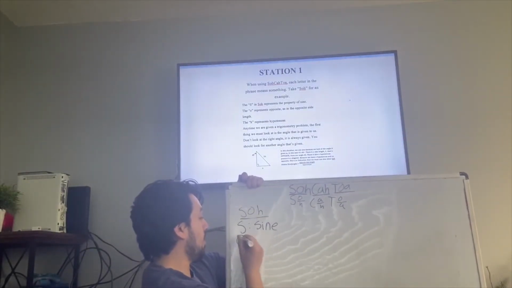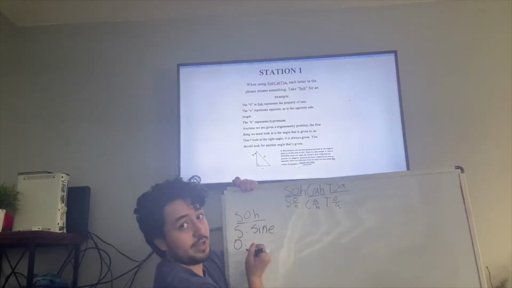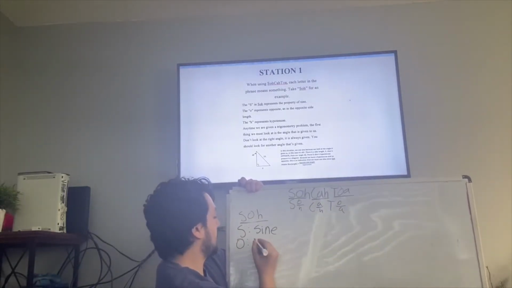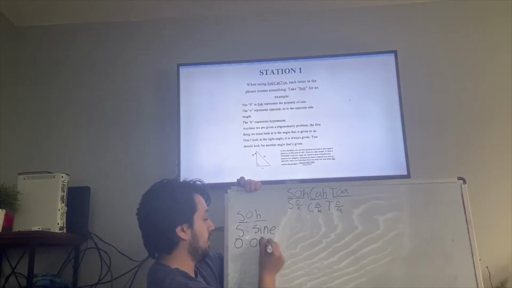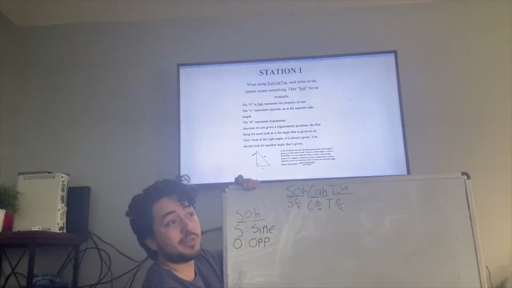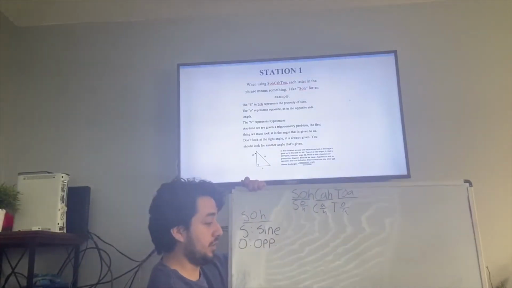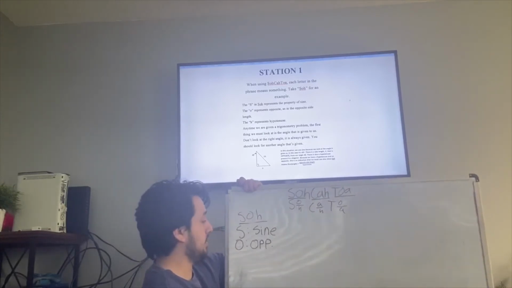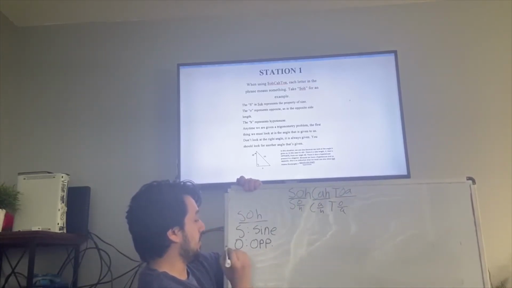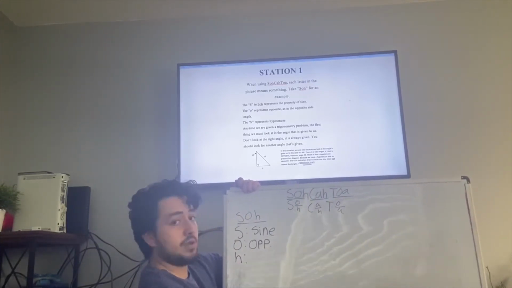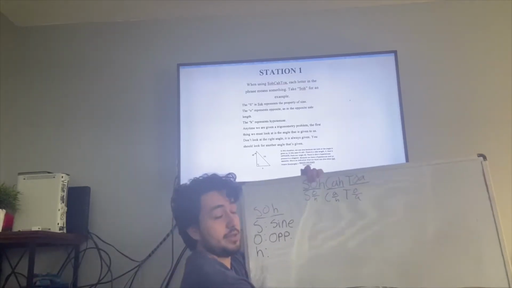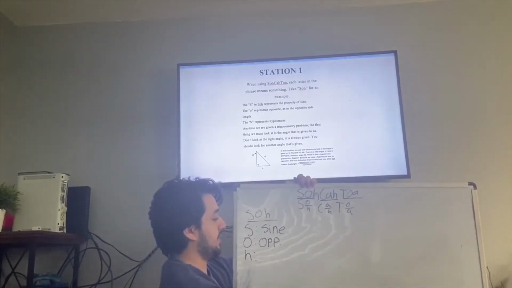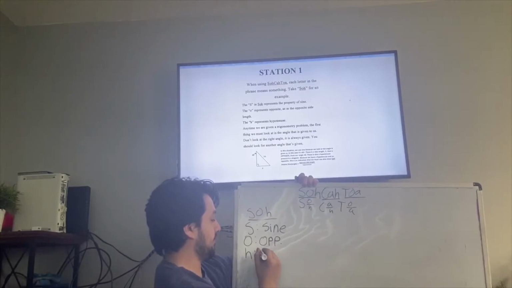Our O signifies opposite. What I mean by that, it means opposite side length. Now we'll get to our previous example in just a bit. And our H is hypotenuse.